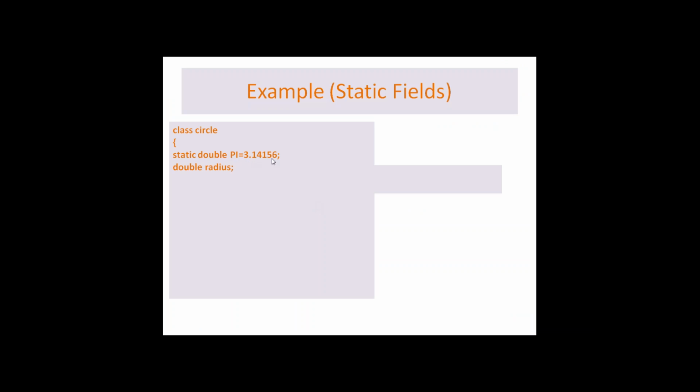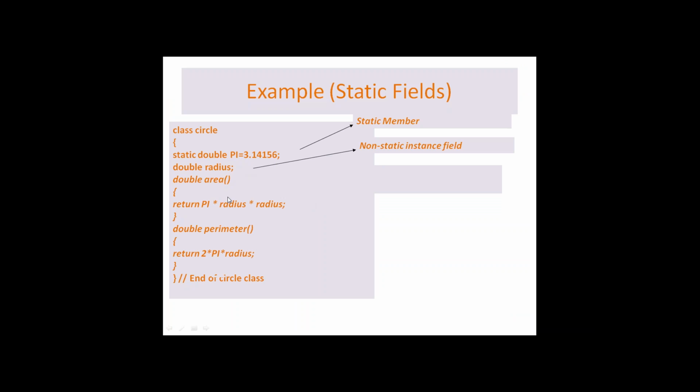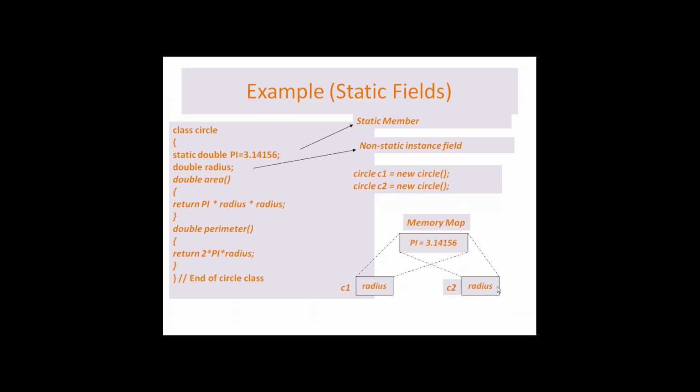This is common, I want to share it with everyone. For the objects C1 and C2, the radius has a separate memory for each, but pi is common for both C1 and C2. So this is an example of a static field.